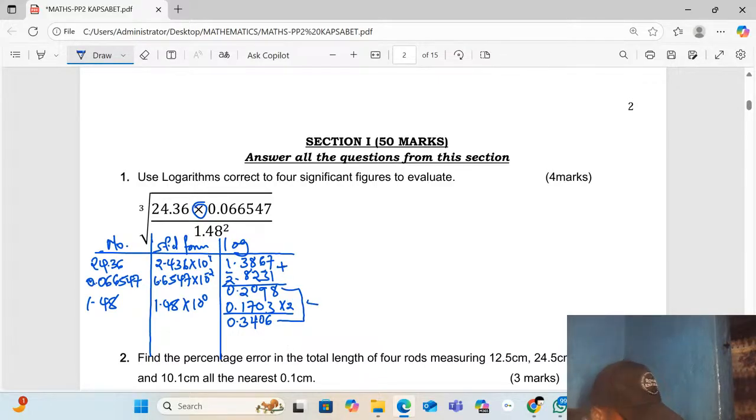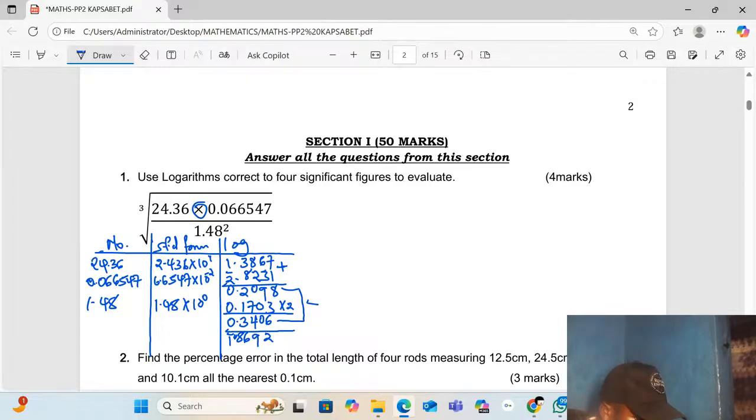When we subtract the denominator from the numerator, we shall arrive at bar 1.8692 as our answer.